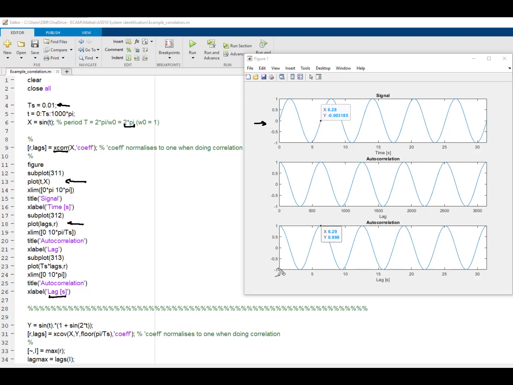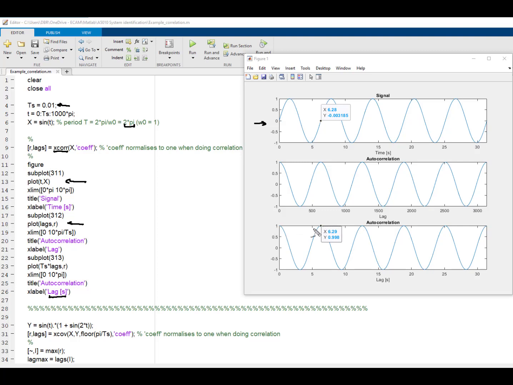If the lag is 0, obviously the function correlates with itself. But if you shift the signal by 2 pi and compute the autocorrelation, so it's the expected value of x of t times x of t minus 2 pi, you have a correlation of 1, and this is so for all multiples of 2 pi.